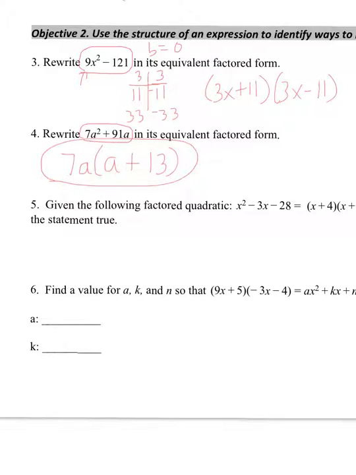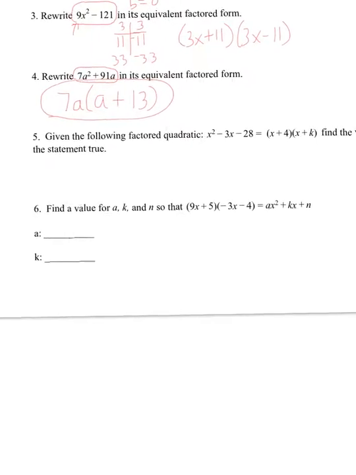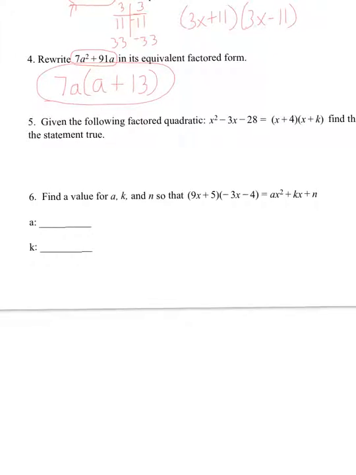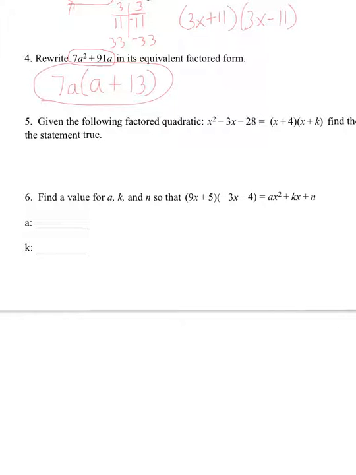These other questions right here might confuse people just in their format. But number 5 is really just asking you to factor this. Okay, notice that this is equal to some factored form of this. So when you factor it, you'll notice that we talked about this a term comes from the multiplication of the first and second terms.